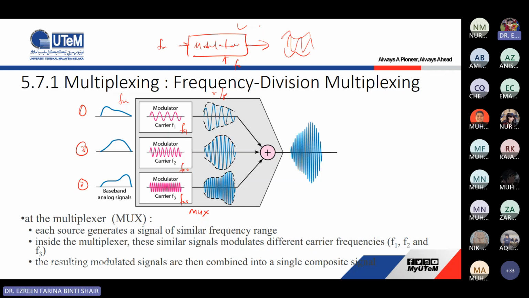So for frequency division multiplexing, the parameter that is affected is the frequency. Go through the summation here, so the output of the multiplexer will have this kind of signal. This is the process of frequency division multiplexing.